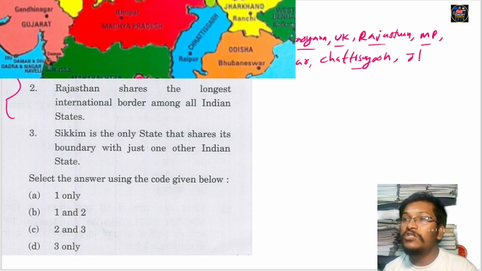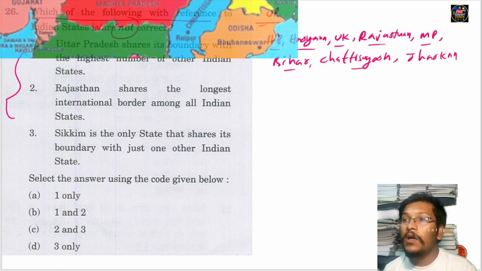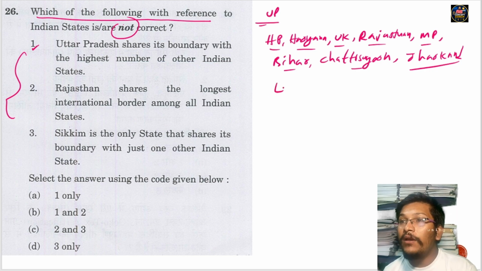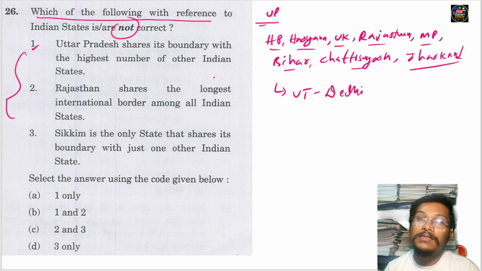One more state is Jharkhand. So these are the 8 states sharing a border with Uttar Pradesh, and one union territory, that is Delhi. So statement number one is correct, but we need the wrong statements, not the correct statement.